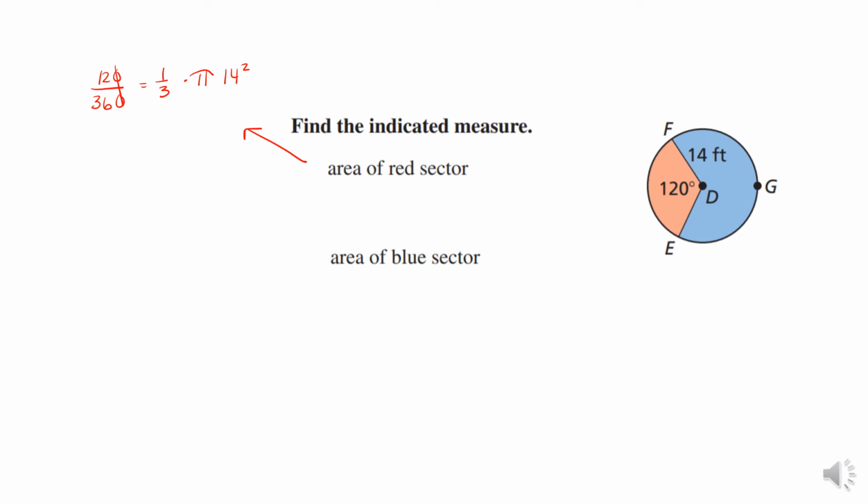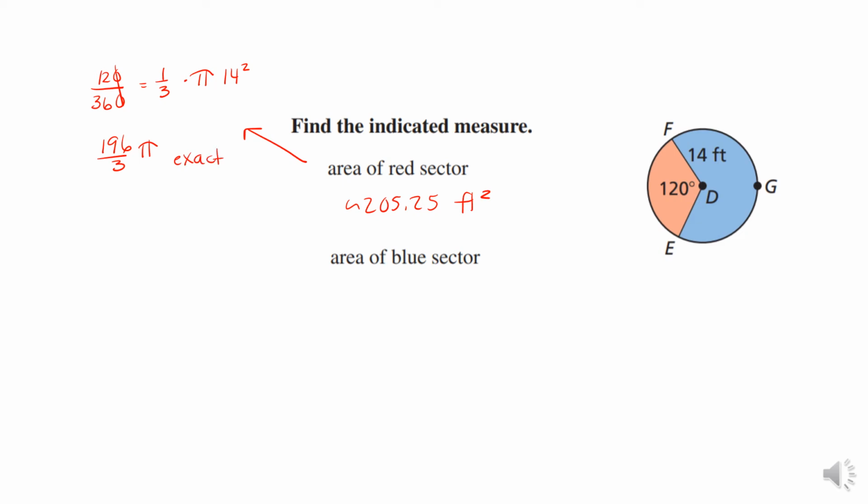So 14 squared is 196 over 3. Pi is our final answer. Okay? And that actual answer would be about 205.25 feet squared. That's your estimated answer. Okay? This is your exact answer.